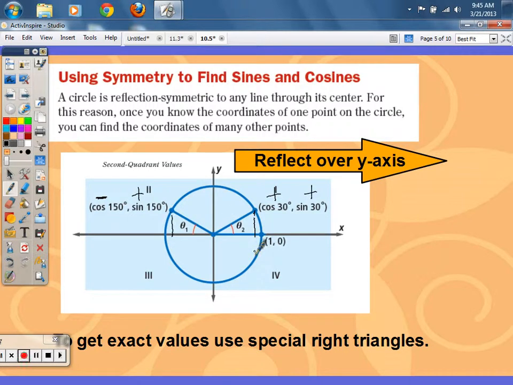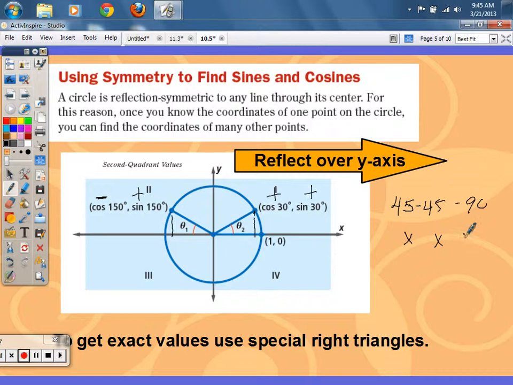They are congruent triangles. You can get exact values on some of these if you use your special right triangles, the 45, 45, 90. Oh, that's a 4. Remember the legs are like x, what's that, x root 2, I think.